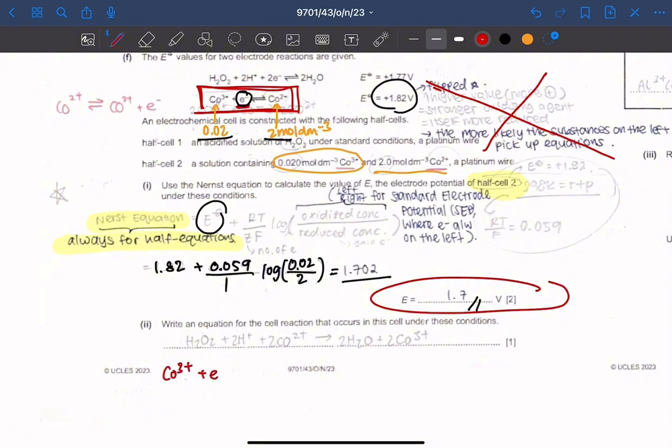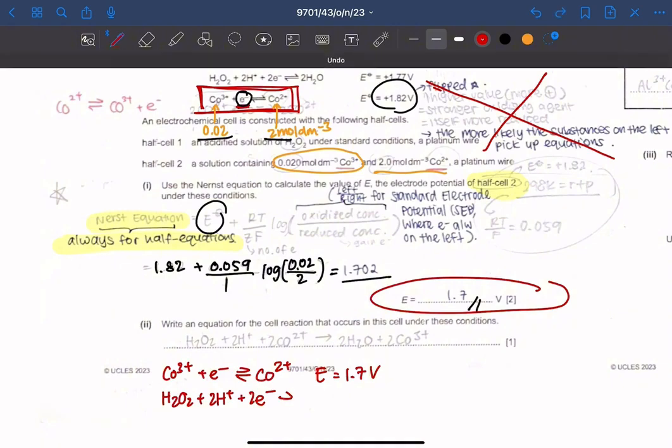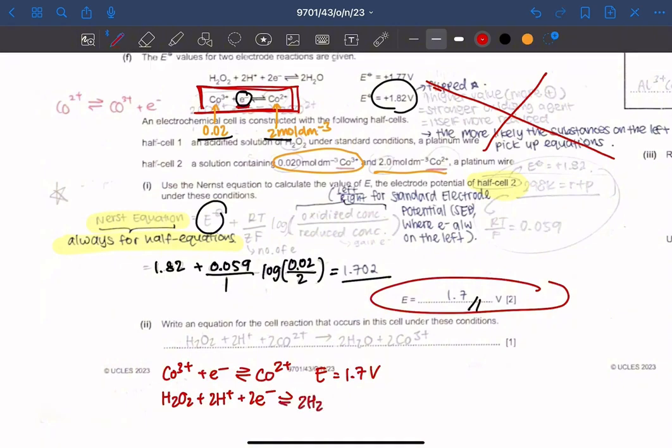Co3 plus plus E minus forms Co2 plus with an E naught value of 1.7 V, and H2O2 plus 2H plus plus 2E minus forms 2H2O with an E naught value of 1.77 V. Both are positive. So which one of the half equations here is more positive? So of course it is this.